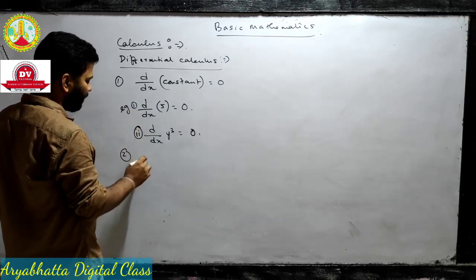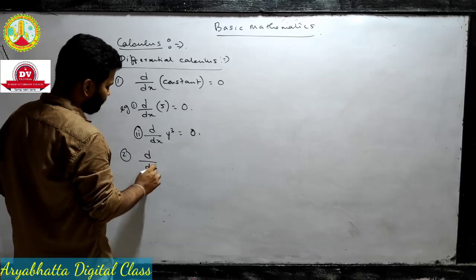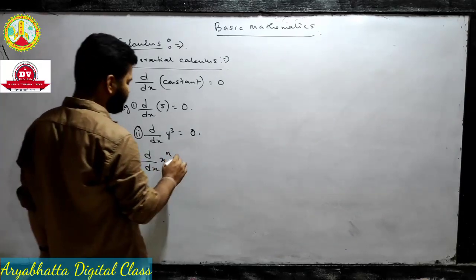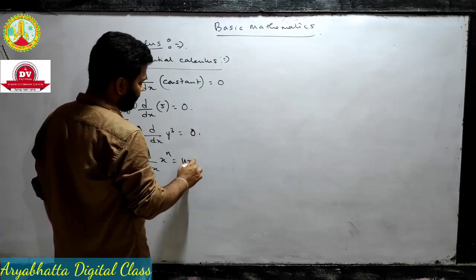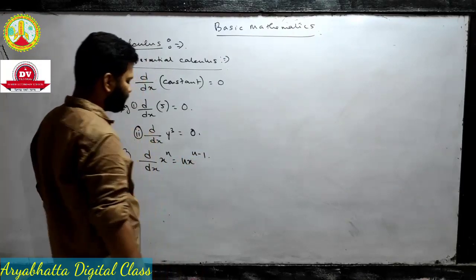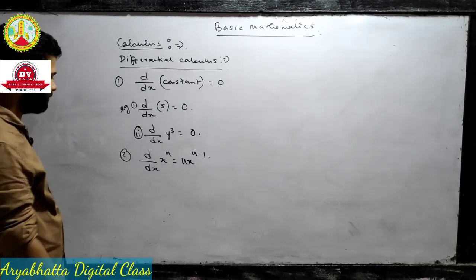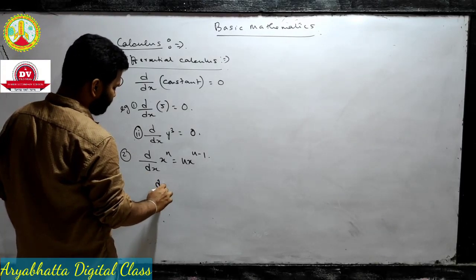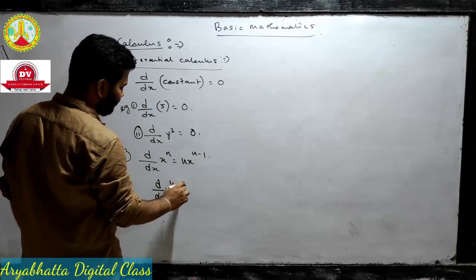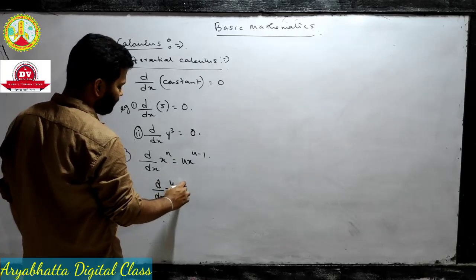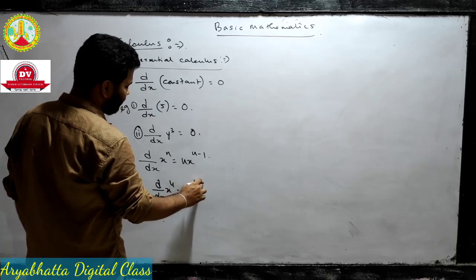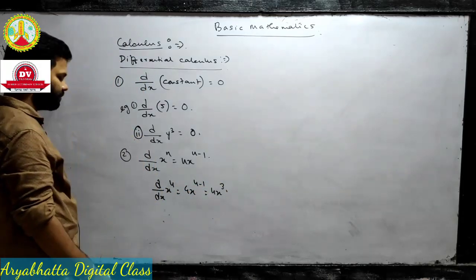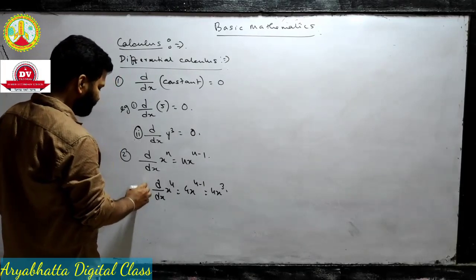Number second formula, d/dx of x to the power n is n x to the power n minus 1. Let us go through the formula. d/dx of x to the power 4, then what will it be? What is the value of n here? 4. So 4 x to the power 4 minus 1 is equal to 4x cube. This is the first example.